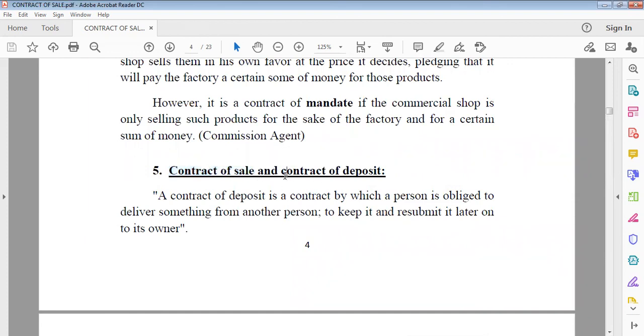However, in the contract of deposit, the ownership is still the person's ownership. He doesn't transfer it to the depository person or the depositee. So in this contract, there is no way to say that the ownership is transferred from one person to another. So this is the bottom line here in the differentiation between the contract of sale and the contract of deposit.